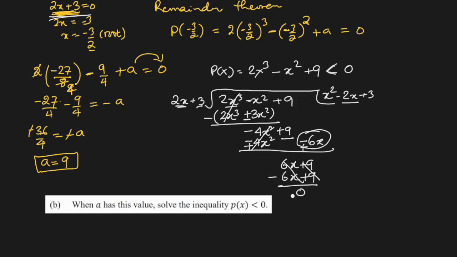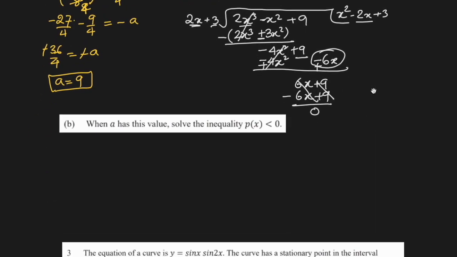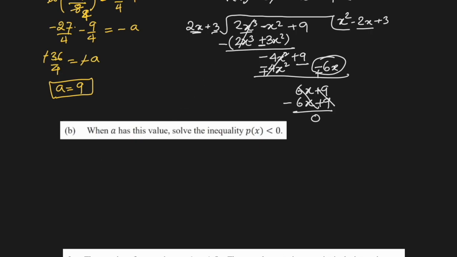Everything cancels out. We get an exponent 0. So this is our new factored polynomial, and let me write it here. It will be 2x plus 3 and x squared minus 2x plus 3. This becomes our new inequality.